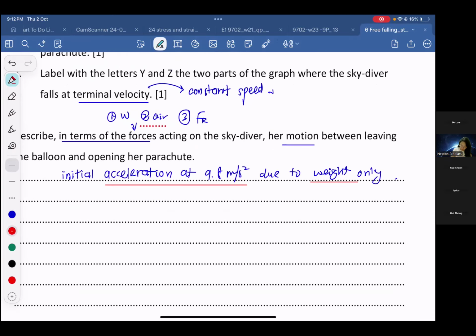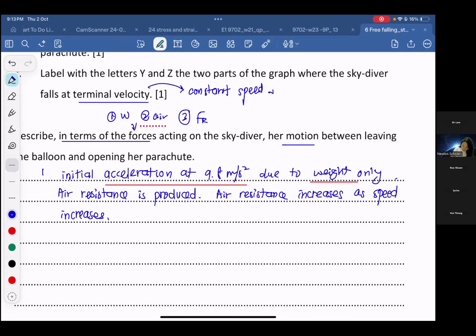Okay, then we say air resistance is produced, and air resistance increases as speed increases.